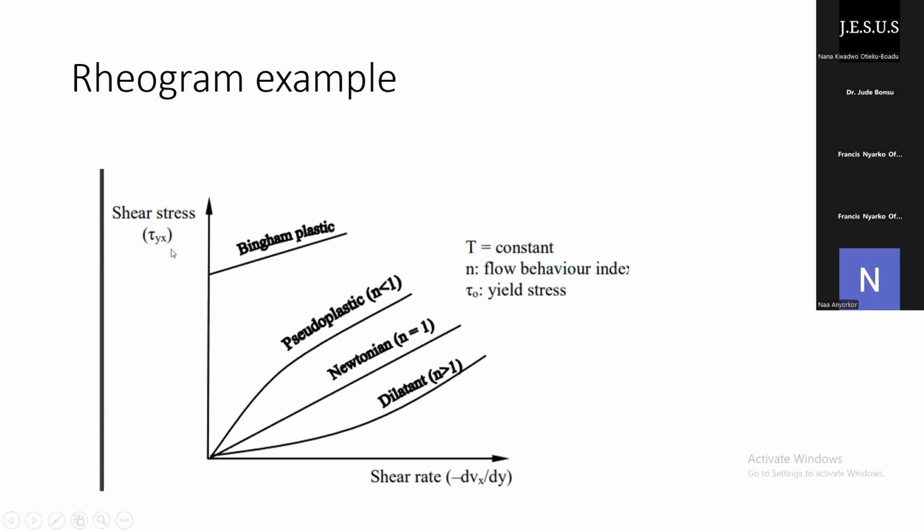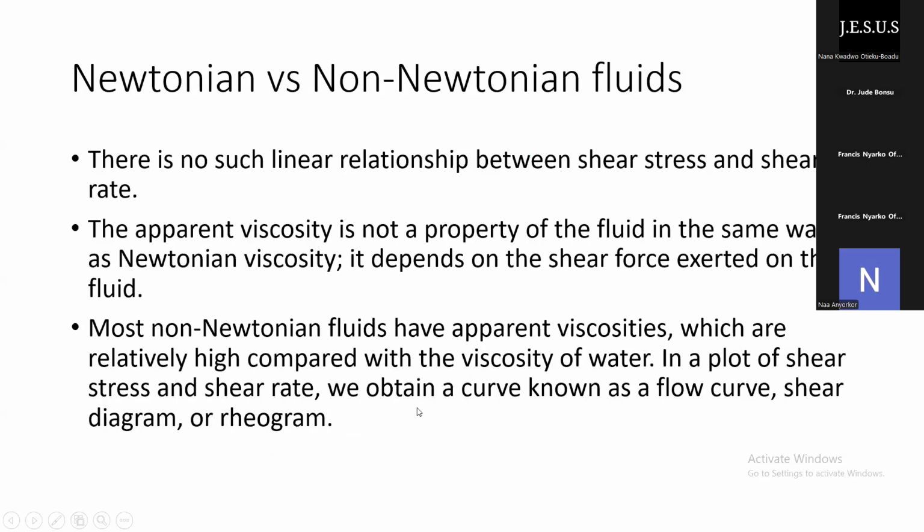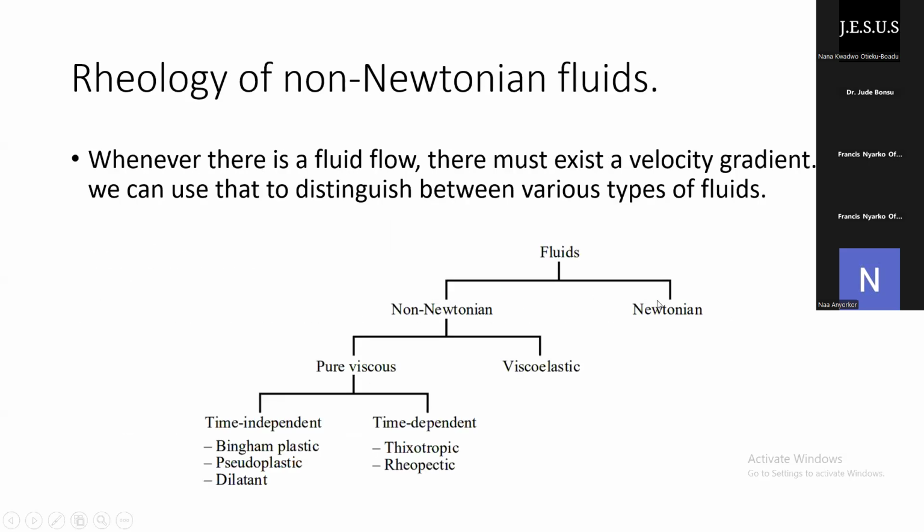So as the shear stress increases, the shear rate also increases. They're directly proportional. But when you talk about the non-Newtonian fluids, which are the Bingham plastic, pseudoplastic, and the dilatants, realize that all these fall under a broad category known as the non-Newtonian fluids.